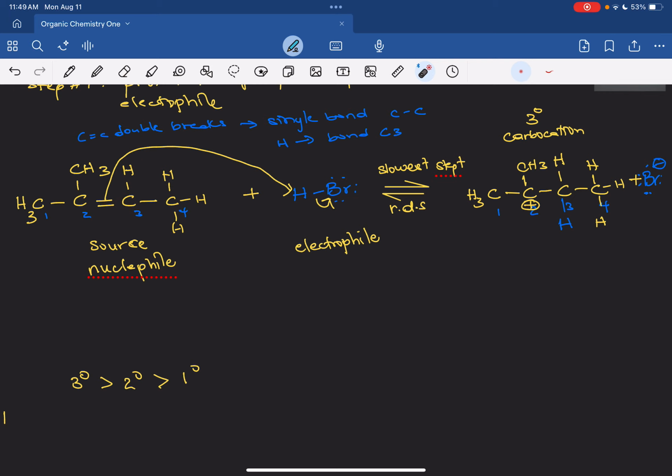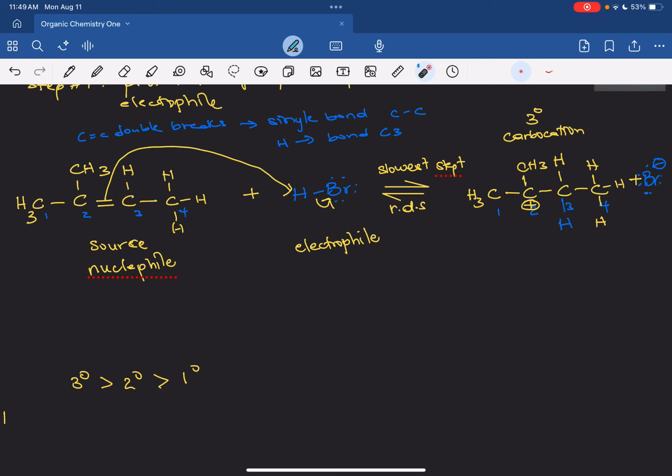So carbon 3 has one hydrogen. This is a CH3. Carbon 2 has no hydrogens directly bonded to it. Carbon 3 has one hydrogen bonded to it and a CH3. Carbon 2 has a CH3 and a CH3. So this carbon has the most hydrogens because carbon 3 has one hydrogen directly bonded to it. Carbon number 2 has no hydrogen.